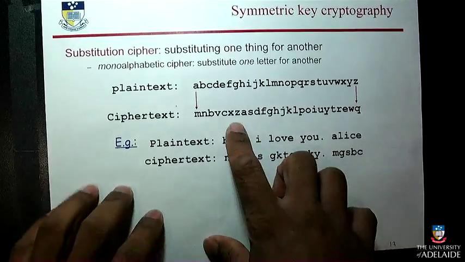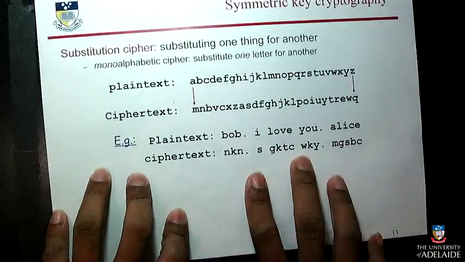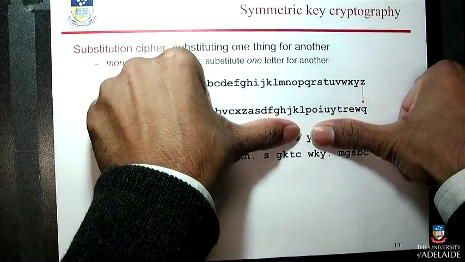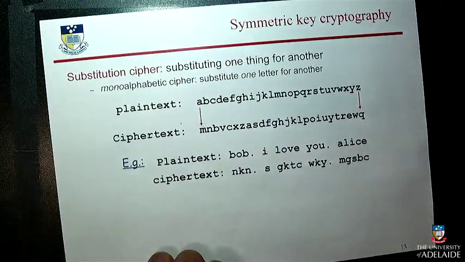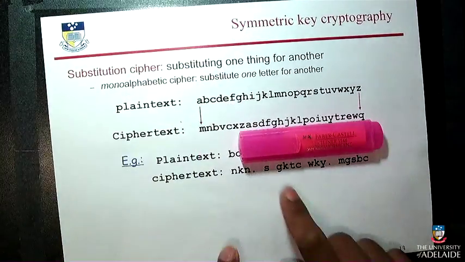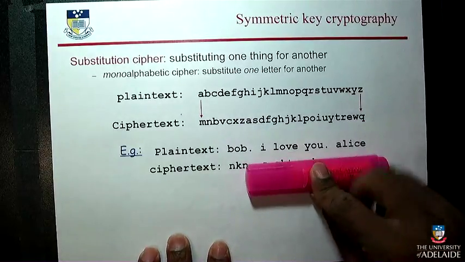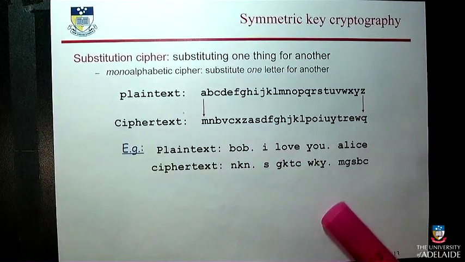So this is not very good security. Why? How easy is it to break this? If you saw this part, could you figure out the message? How easy is it to brute force it?